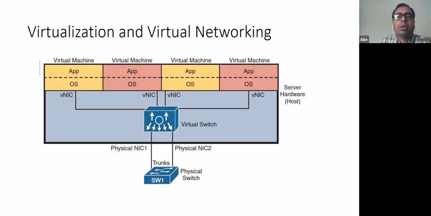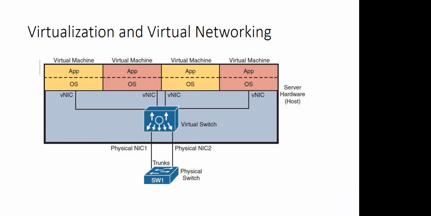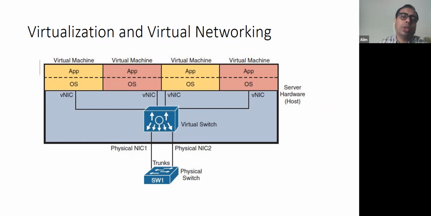Now comes the network. How can you connect these virtual machines? Virtual machines have the same network configuration as physical machines. So you just connect to a virtual switch. This switch is totally software based, residing in your host machine, in your hypervisor. It is totally virtual.